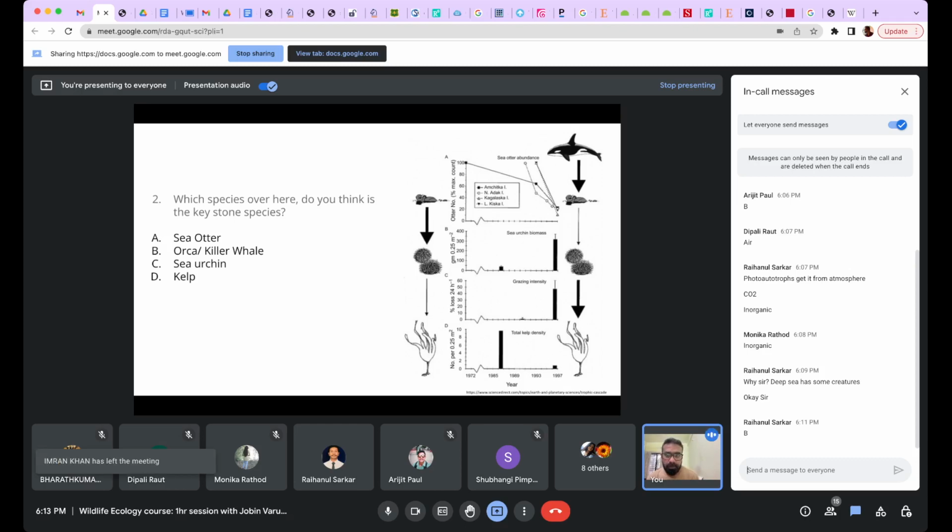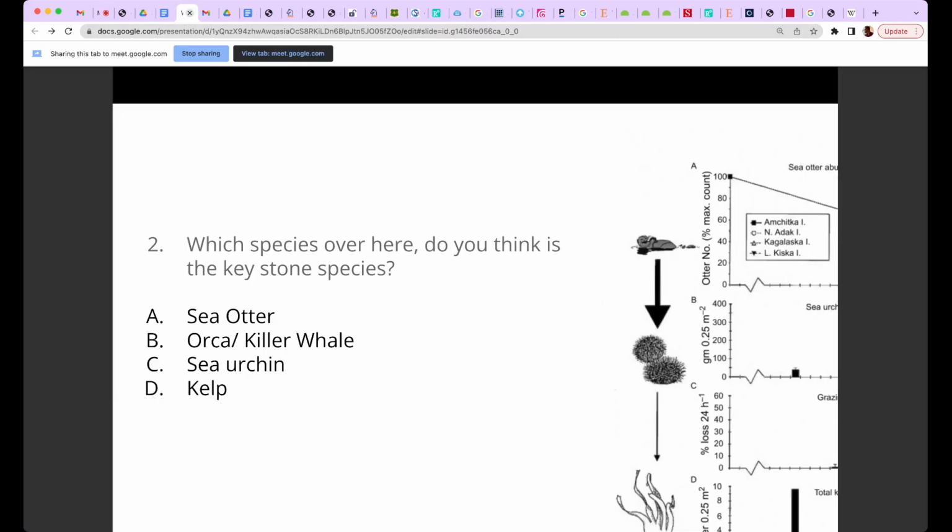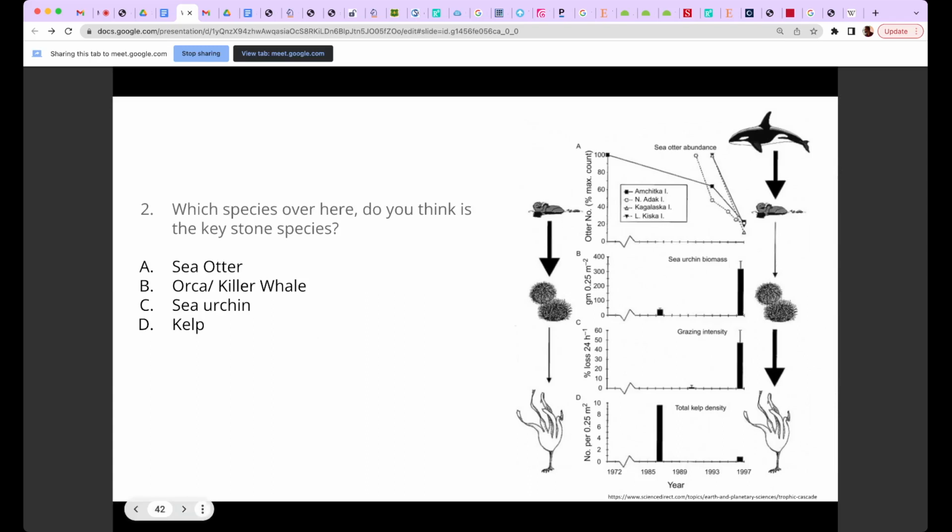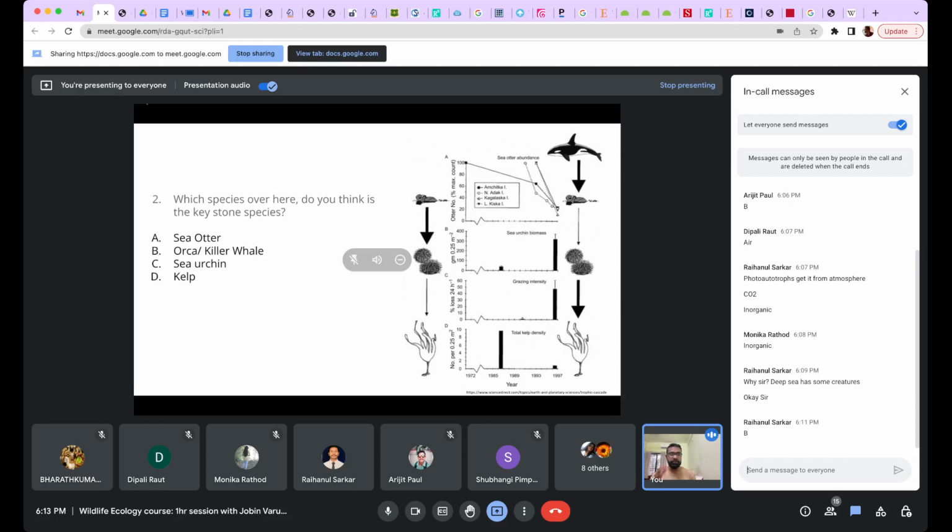So also take a note of the arrows here. Now, what do you think is the answer? Is it B?